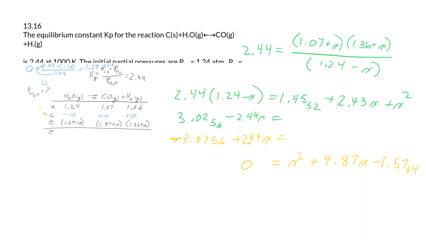So now I have to set up my quadratic equation. x equals the opposite of b plus or minus the square root of b squared minus 4ac.